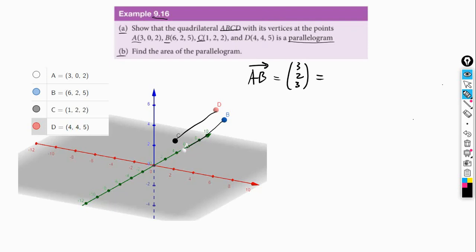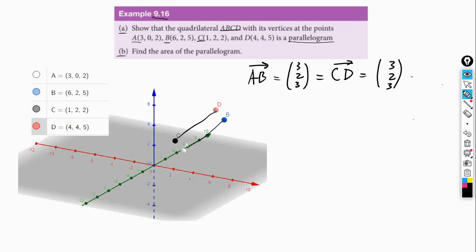So this should equal vector CD. So D minus C. And notice that, yes, it's going to be 4 minus 1, which is 3, 4 minus 2, which is 2, and 5 minus 2, which is 3. So yes, these are parallel.